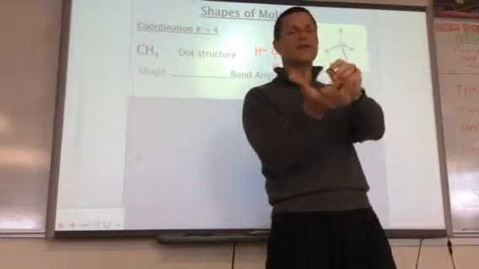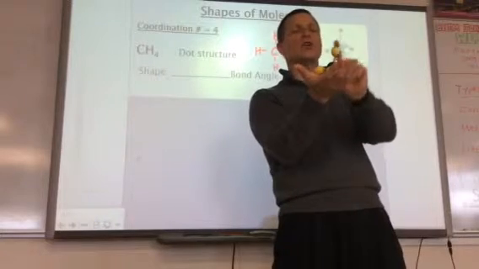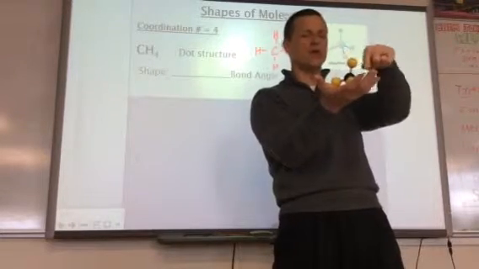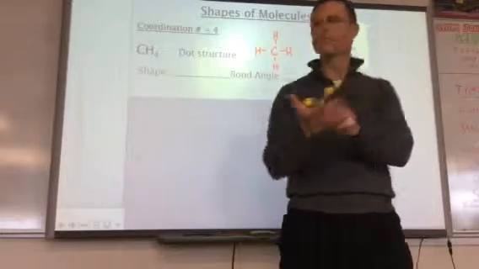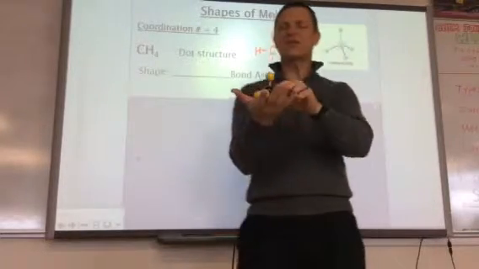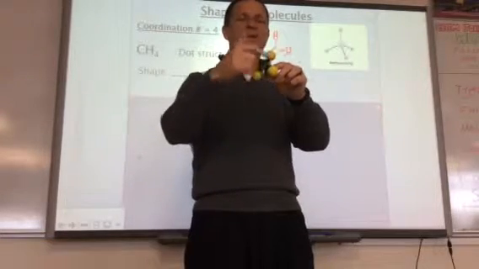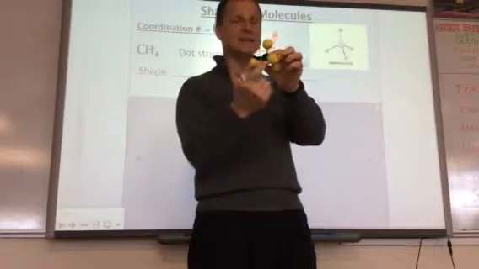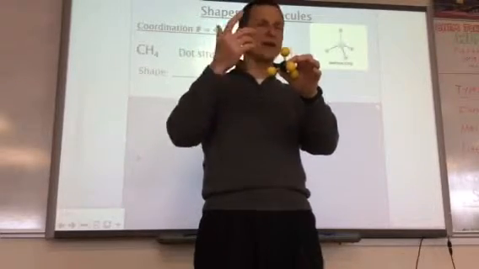Tetrahedral is kind of like a tripod in which no matter what way you orient it, you're going to have one bond going straight up and the other 3 kind of going down as the base of a tripod. But if we connect these peripheral H's with imaginary lines, we would see that there are 4 faces on it. Even the bottom would represent a face. They're all triangular in shape.